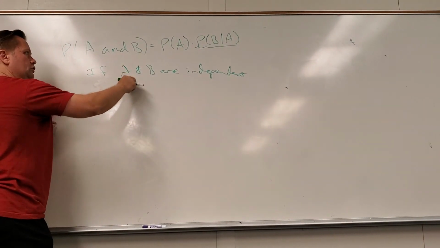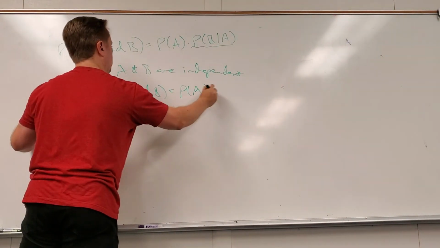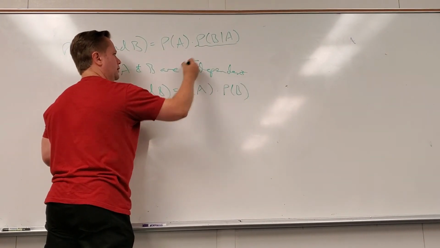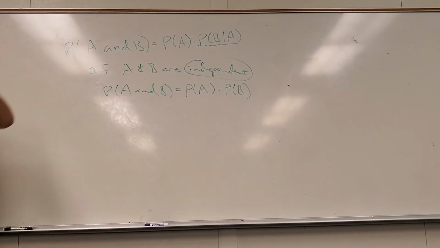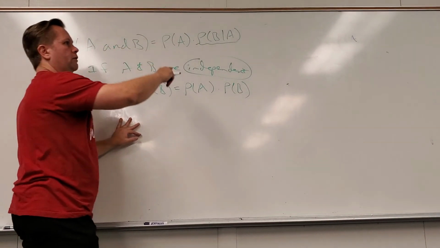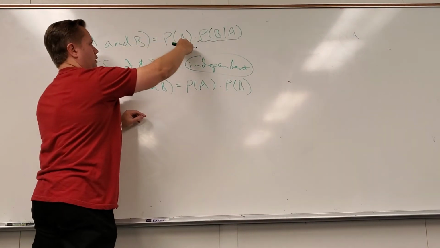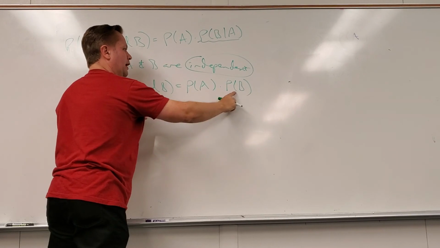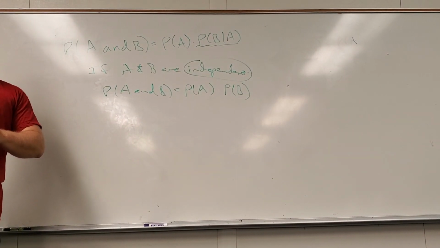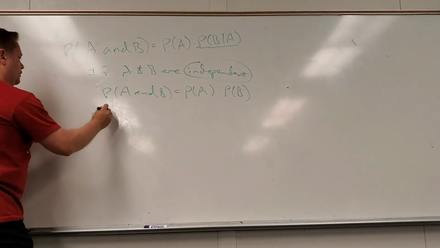So if this is true, then the probability of A and B equals probability of A times probability of B. That's the only time you can just straight up multiply two probabilities to get the end, if I know they're independent. So if you write the formula for probability of Q and R, probability of Q times probability of R given Q, and then rewrite it like this, you can just plug in and solve, because they tell me they're independent. So what's the probability of Q and R?